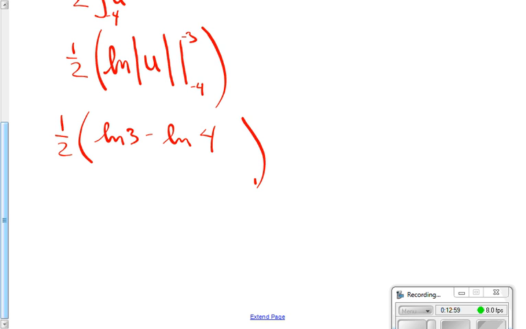And that's debatable. What can we do with natural logs minus a natural log? Okay, that's the most simplified answer. It's okay if you don't get there, not a big deal, because this is also correct. Okay?